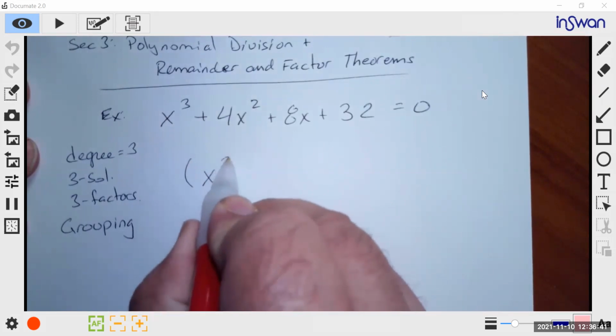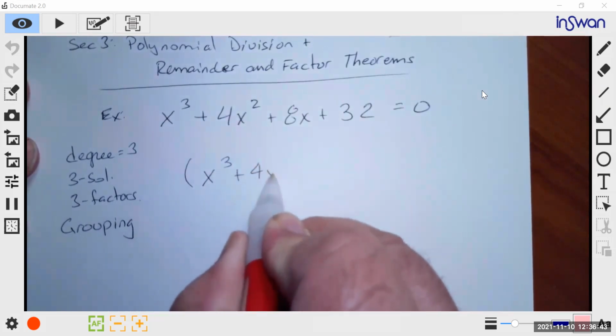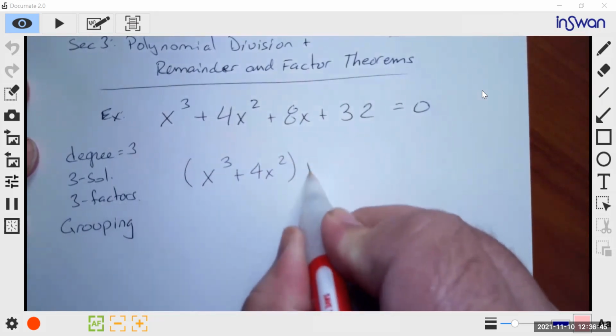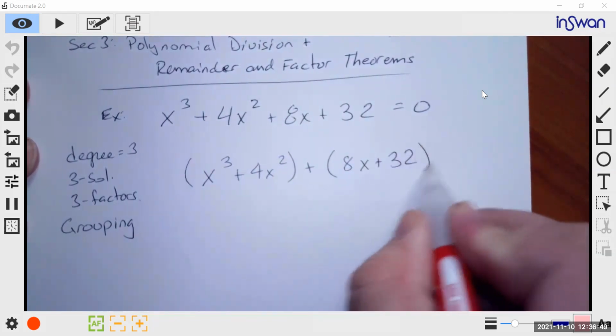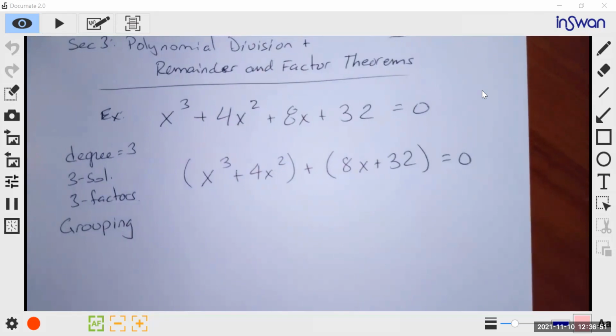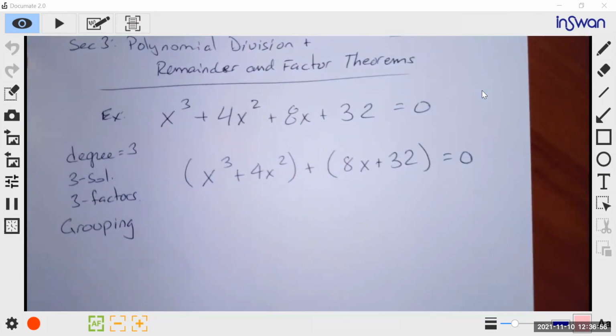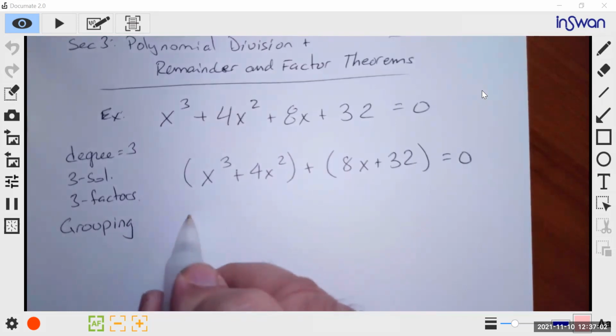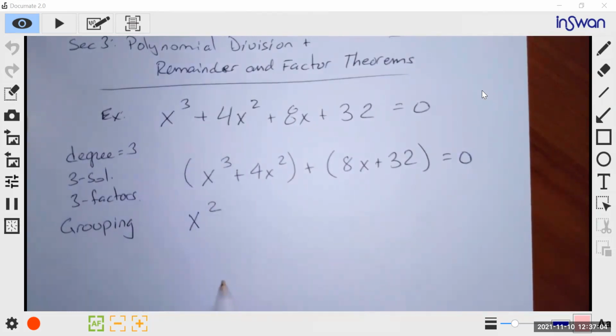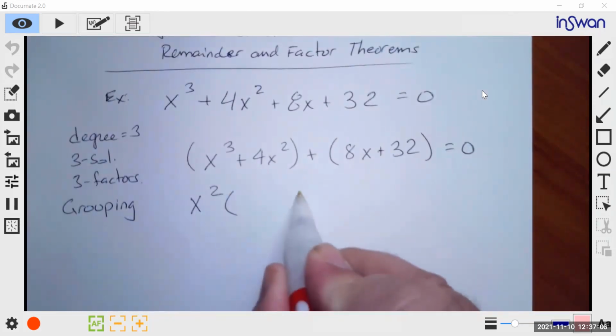If you group the first 2 terms plus group the last 2 terms, we can see if there's a resulting factor that's the same. So what can you factor out of the first set? You take an x squared out. If you take out an x squared, what do you have left?